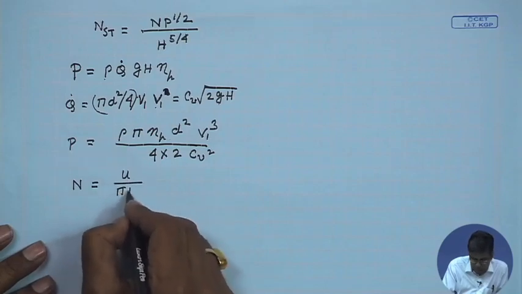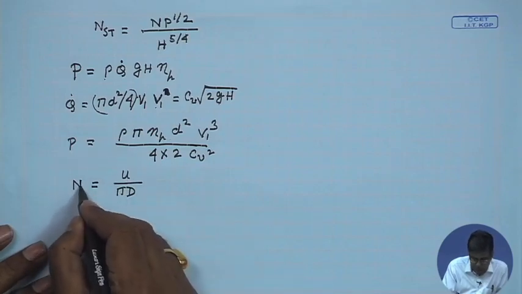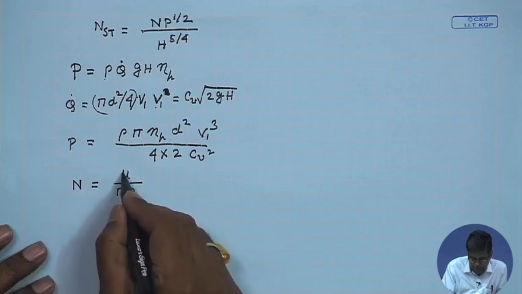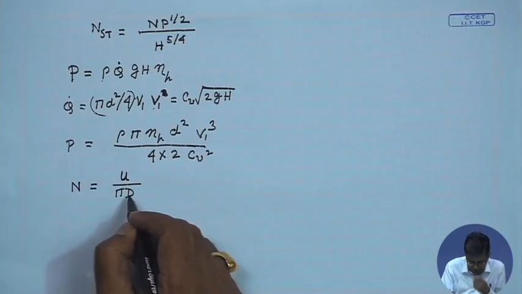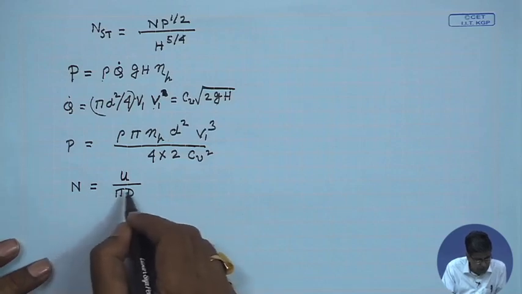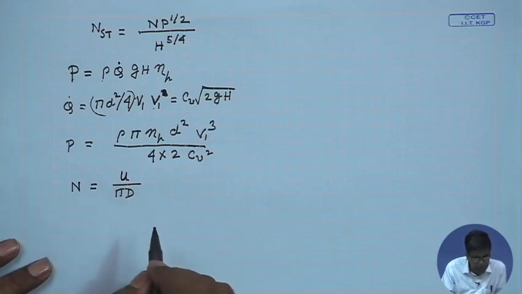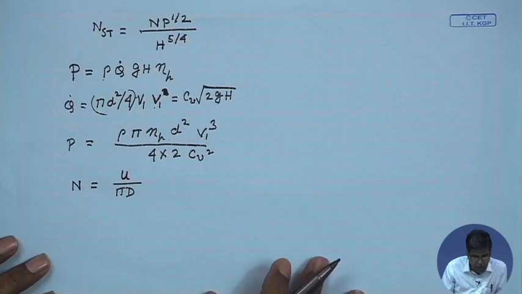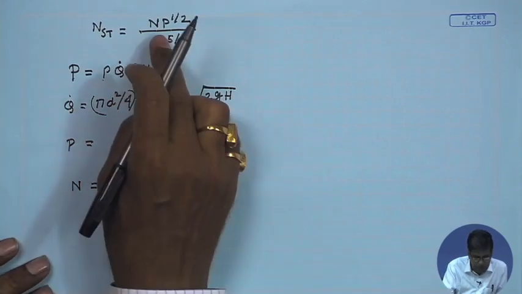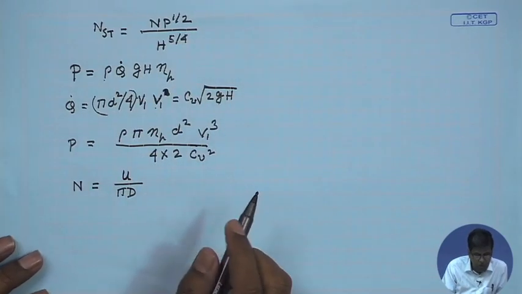if n is the rotational speed in revolutions per second, RPS, and u is the linear velocity in meters per second, and d is the diameter in meters, we can write n is equal to u by pi d. Now, if we replace this in the equation, what we will get?